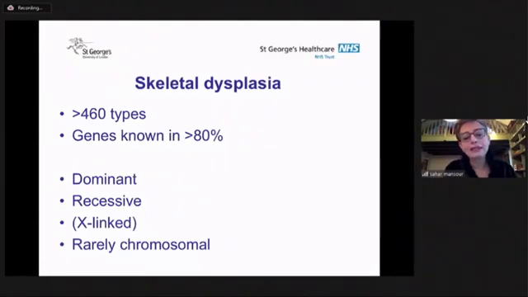And it can be inherited in many single gene mechanisms, dominant, recessive, and occasionally X-linked. But please take away the message that this is rarely chromosomal. So the array CGH is of very little value when you have a skeletal dysplasia. If you think you've got a baby with a skeletal dysplasia, the detailed chromosome analysis is very rarely helpful.